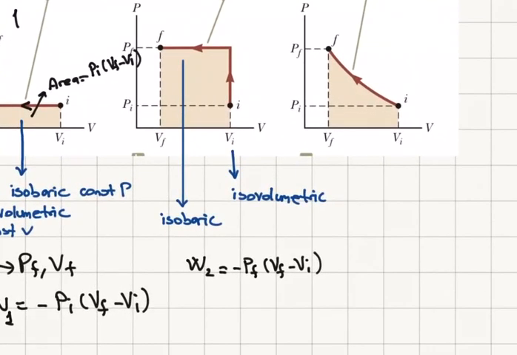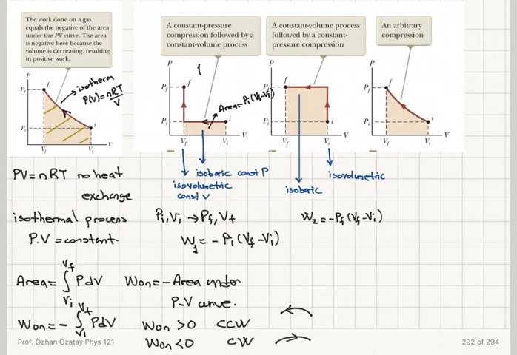So any other process that takes me from P initial, V initial to P final, V final will have an area. This is the area of the first process, the area of the second process, and the area of any process, let's call it X. The area of this process will be in between A1 and A2, and the work done in going from P initial, V initial to P final, V final with process X will have a value that is in between W1 and W2.